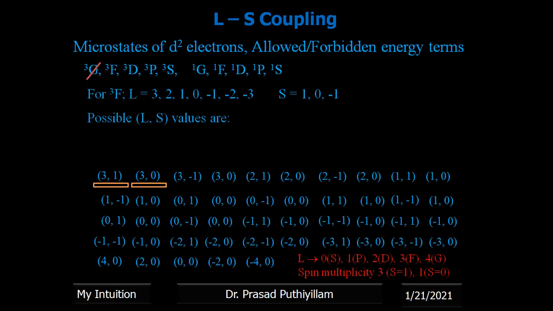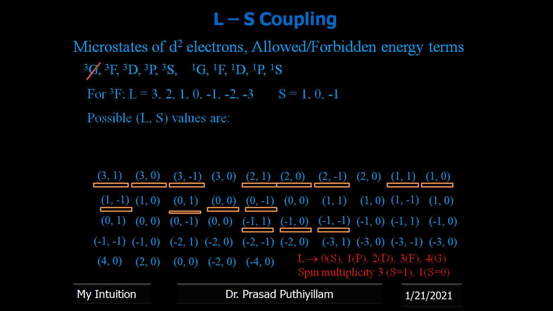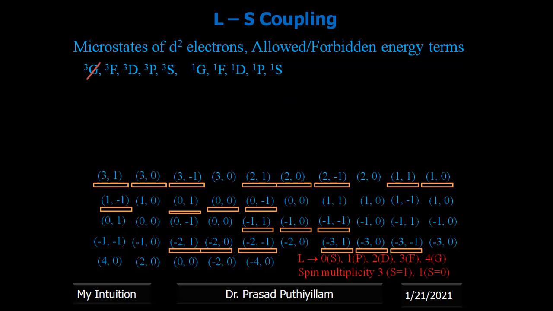The possible LS values: 3 1, 3 0, that is 3 and spin value 0, then 3 and minus 1, 3 and minus 1 is also present here, then 2 1, 2 0, 2 minus 1, 1 1, 1 0, 1 minus 1, 0 1, 0 0, 0 minus 1, minus 1 1, minus 1 0, minus 1 minus 1, minus 2 1, minus 2 0, minus 2 minus 1, minus 3 1, minus 3 0, minus 3 minus 1. These are the values which are possible with the dot combination.